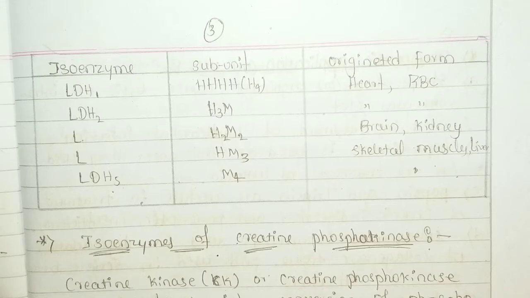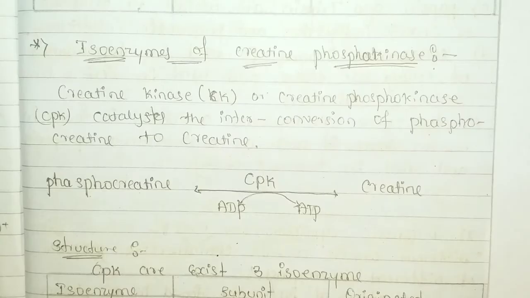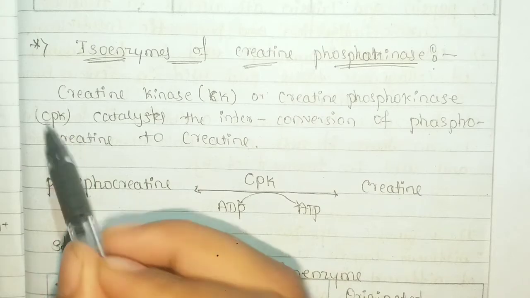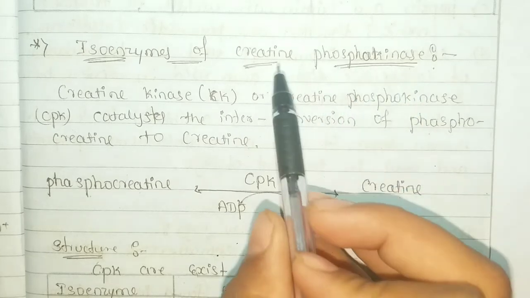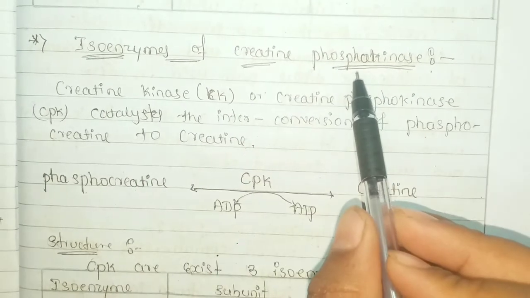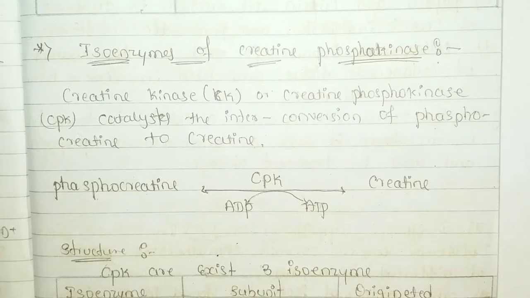The second example of isoenzyme is creatine phosphokinase. In this topic of isoenzymes, the examples are most important. From the exam point of view, the question may ask you to define isoenzyme and explain examples of isoenzyme.